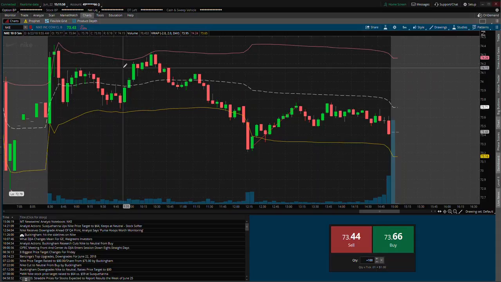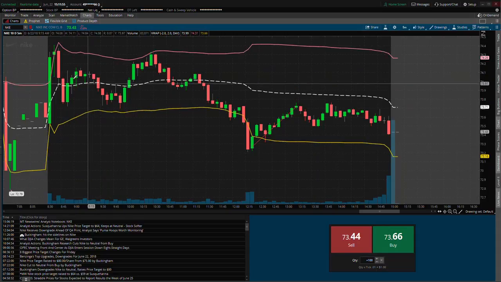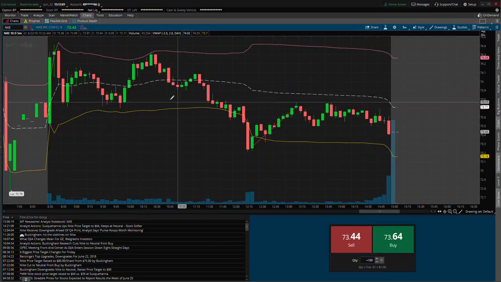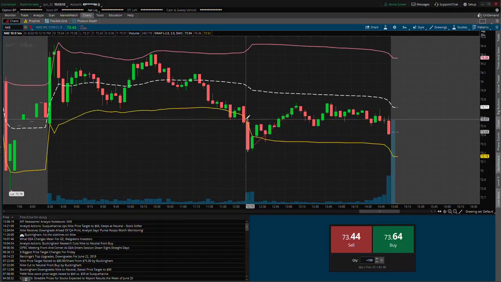Same for right here. If it's actually uptrending, a lot of times this average line right here will become either a support or a resistance. So, you can kind of see how this one moves with the candlesticks and everything, and it breaks past right here. So this is, in a sense, kind of like a support.